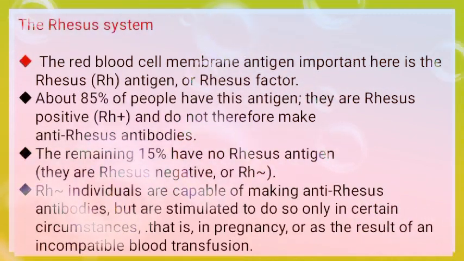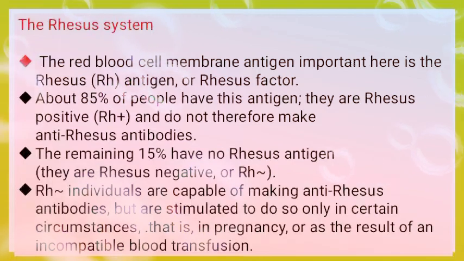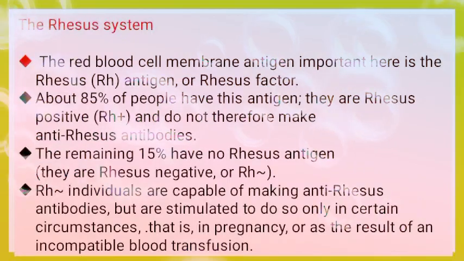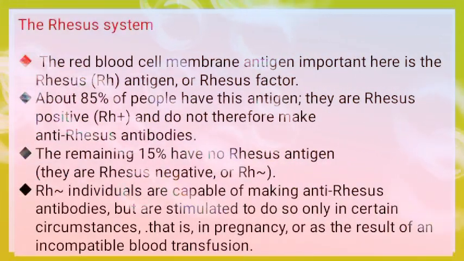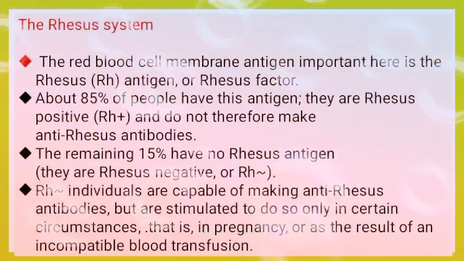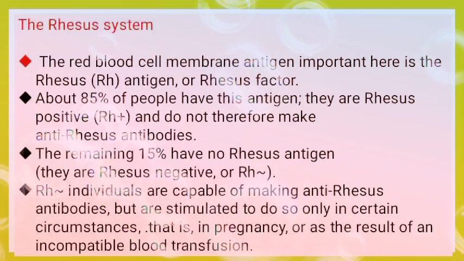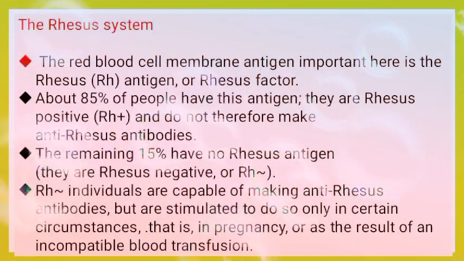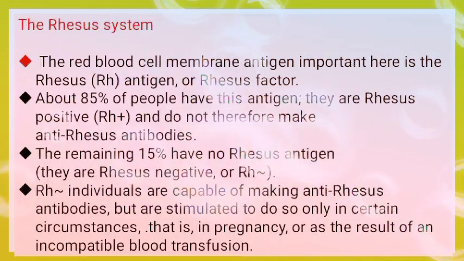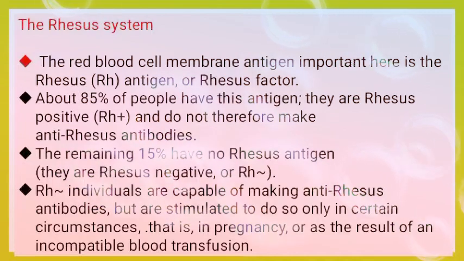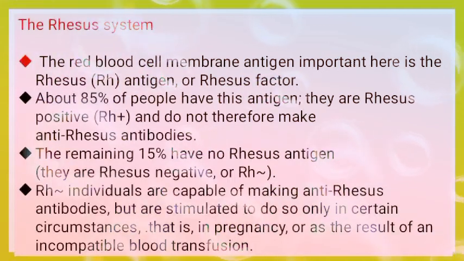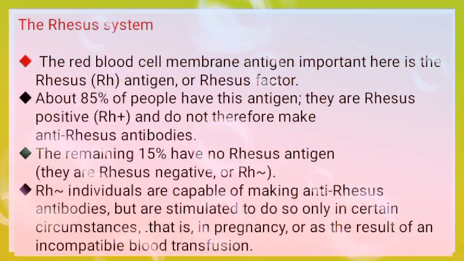But there is still the 15% who do not have the Rhesus antigen, and by so doing they make antibodies against the Rhesus antigen. This does not primarily cause agglutination, the clumping, in most situations, but there are some occasions in which it can react. For example, in a pregnancy, let's say the woman is Rhesus negative and the father is Rhesus positive.